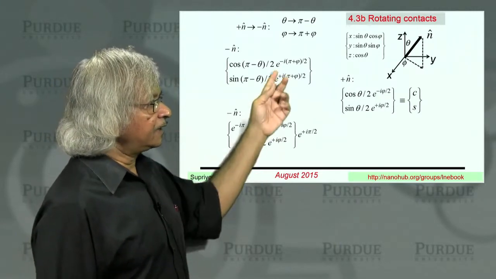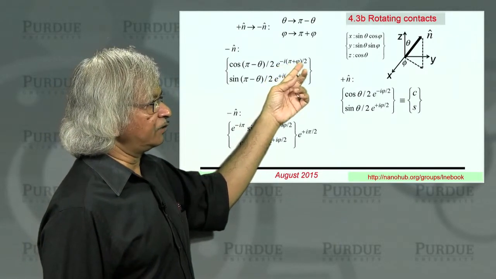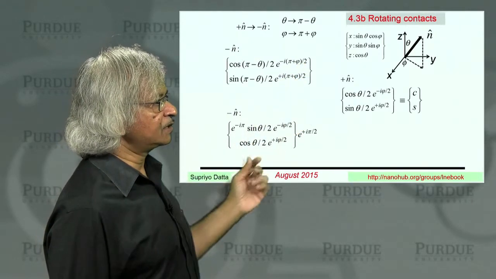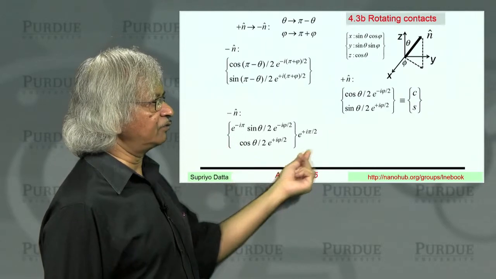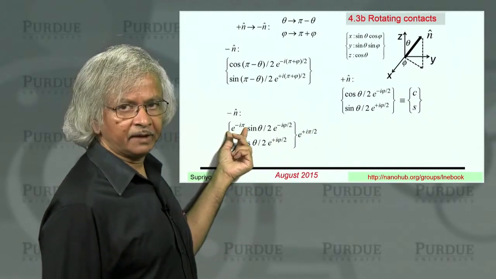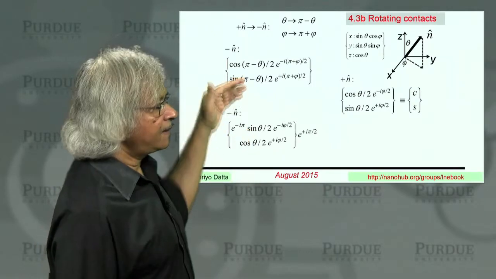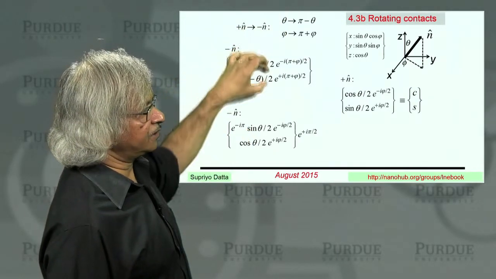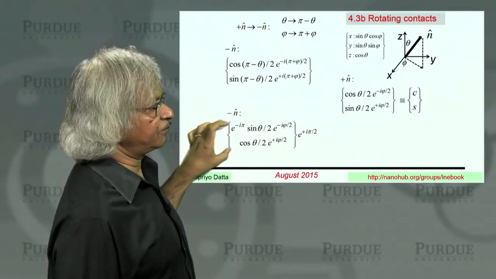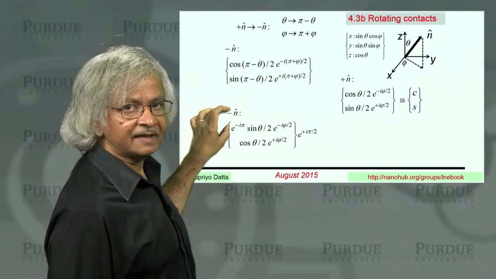And exponential minus i pi over 2, and here you have an exponential plus i pi over 2. So what I've done is taken i pi over 2 outside and put an exponential minus i pi over here. Okay. So just that substitution then gives you the appropriate expression for the components of minus n.